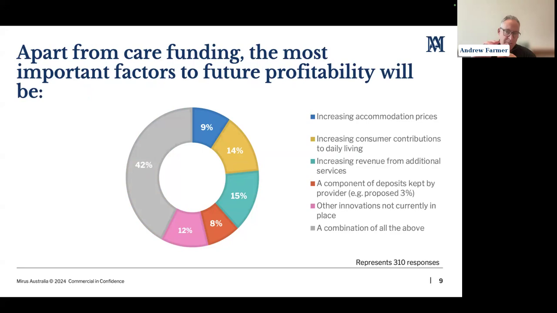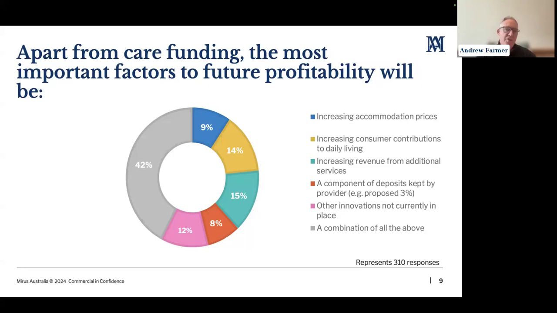Increasing consumer contributions, increasing revenue from additional services, increasing the percentage, if that's one of the recommendations of the task force, keeping a component of those deposits as an income source, other innovations that are not currently in place, other services or other possibilities, or a combination of all of those. What's really interesting is that a very large proportion of people selected a combination as being probably the most important thing. And I think that is very telling.